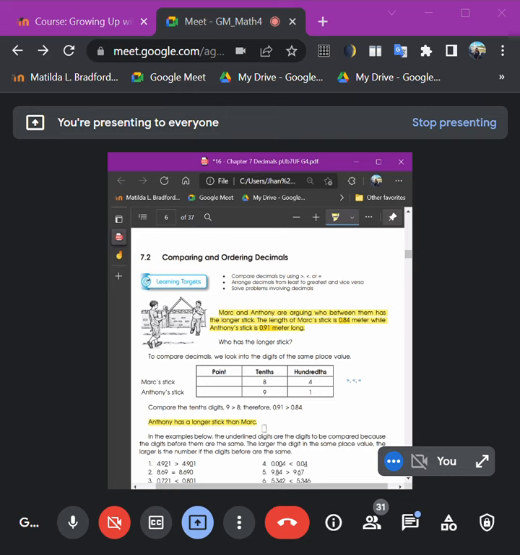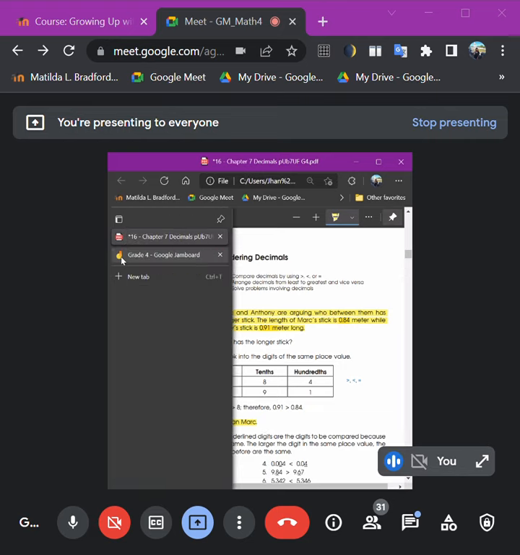So which place value do we base on first when we compare decimals? Okay, very good. It should be on the tenths place.